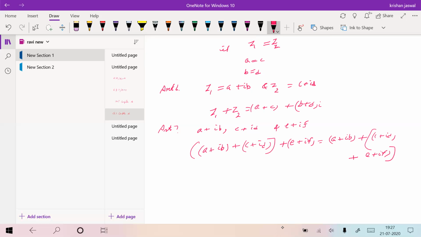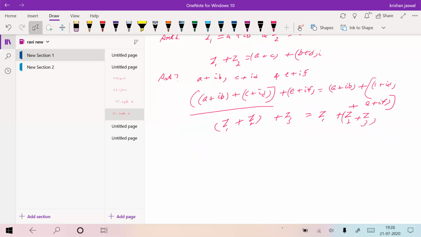Associative law means if we first add z1 plus z2, then z3, or first add z2 plus z3, then z1, the answer will be the same. This is called the associative law.